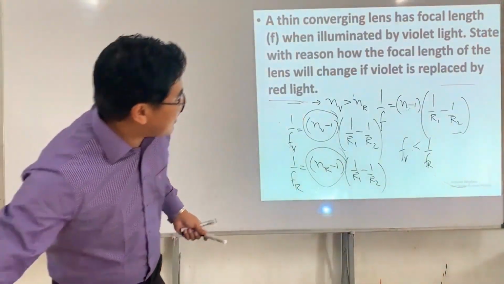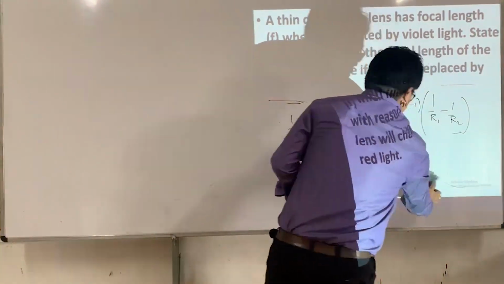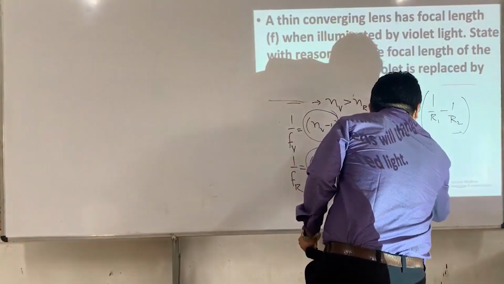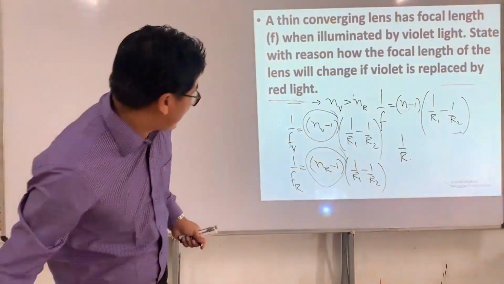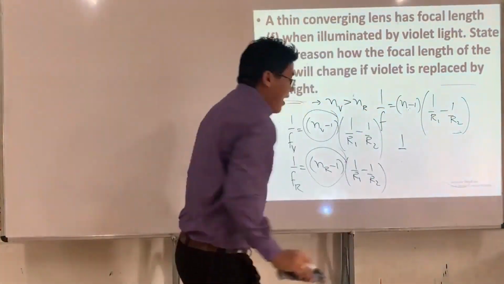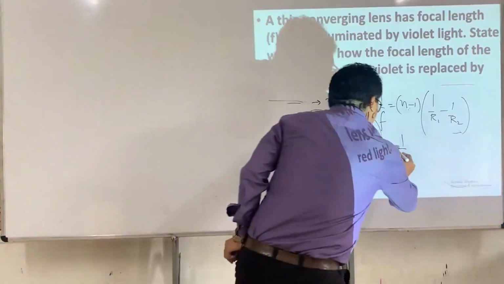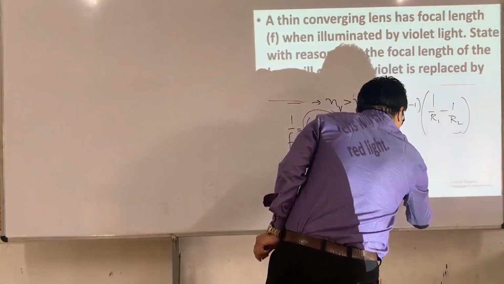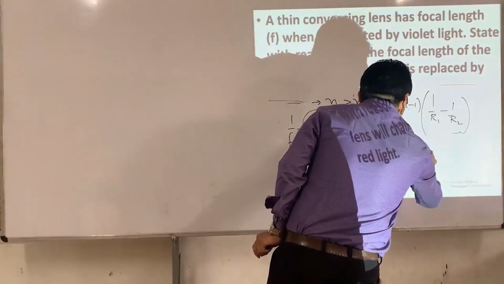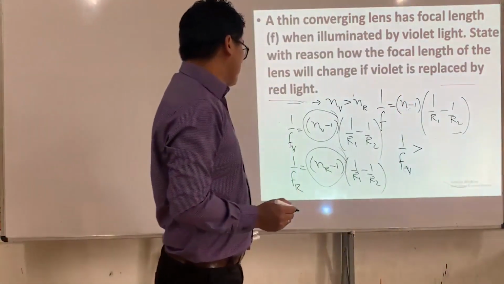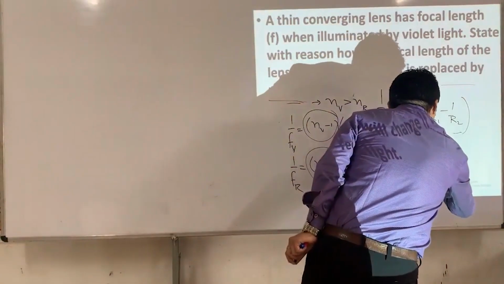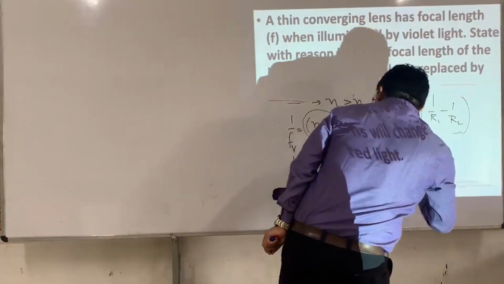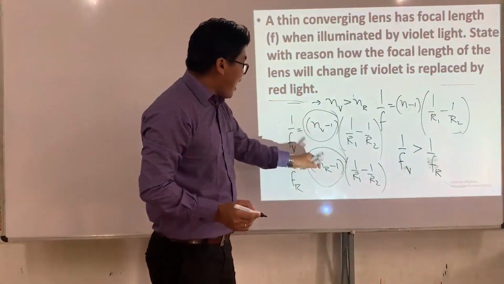If it is not, look at here, I can write something like this: 1 by FV is more than 1 by FR. Why? Because NV is more than NR.